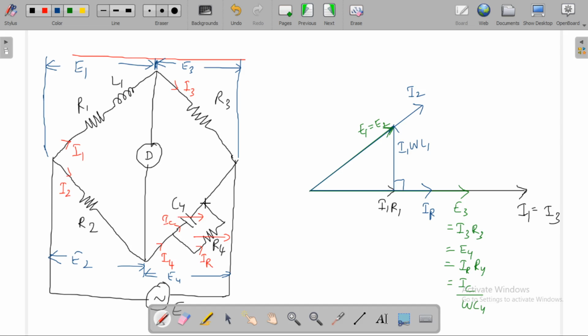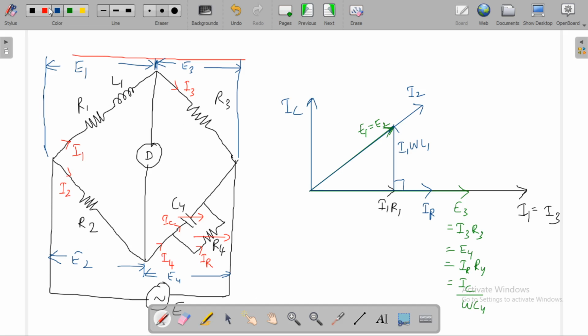IC leads E4 by an angle of 90 degrees because E4 is the voltage across C4. So the current through the capacitor leads the voltage by 90 degrees. So this will be IC.